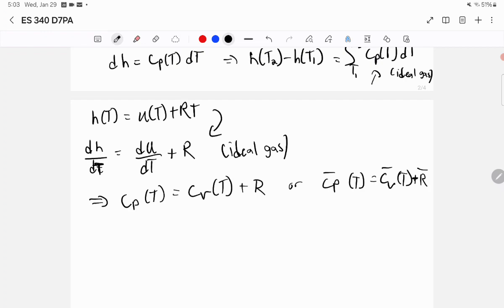Okay, so these are the molar versions of these things, and so you'll have units that have moles in them if you are given a specific heat like this.